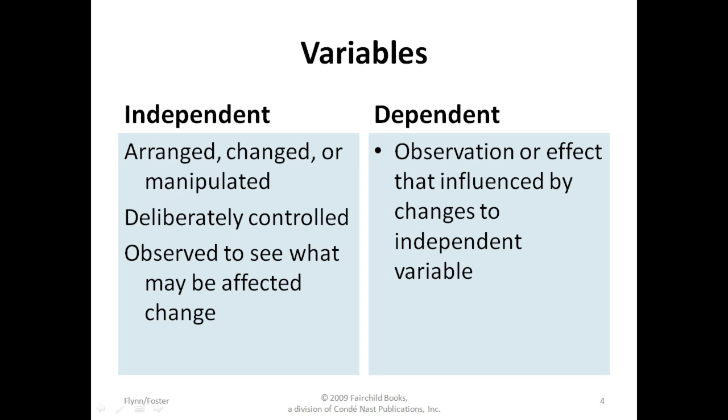With those, we can change the amount that we use of, say, sugar or salt, or the type of popcorn that we use, and those different things will affect our dependent variables, which would be the taste, the color, and the stickiness. The taste, the color, and the stickiness are dependent variables because they're affected by the changes in the independent variables.